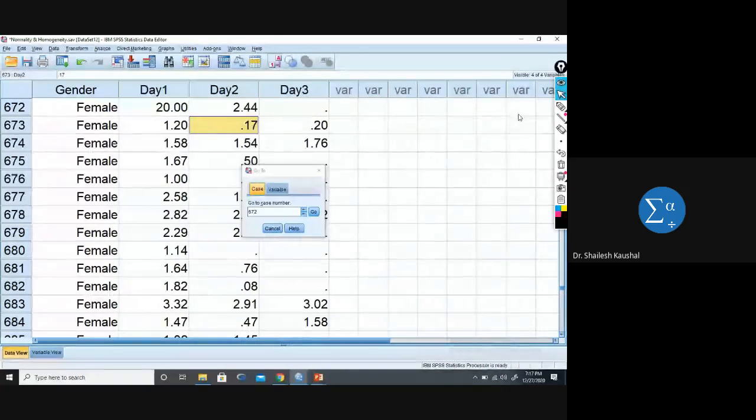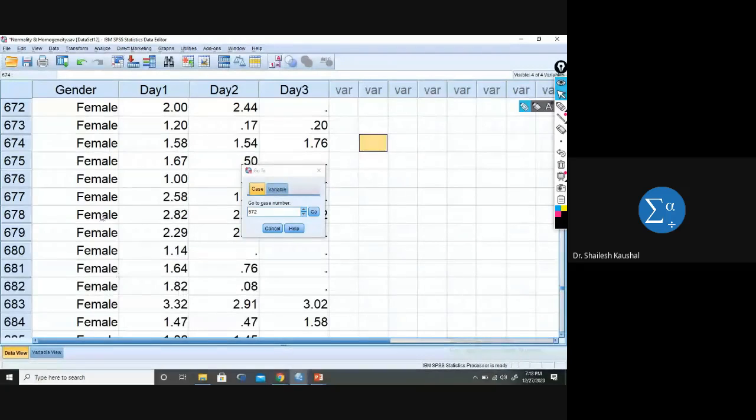The option was between 0 to 4, but by mistake 20 was written here. So I am correcting it; now it is 2. This is the way to identify the particular case, and there are two ways: either you remove this case, or you correct the value to within the range that was given.